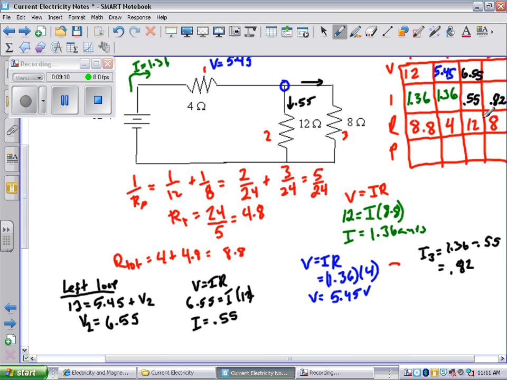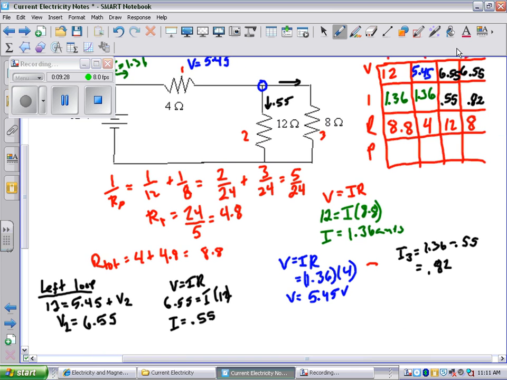Now if I do 8 times 0.82 to get the voltage up here, because V equals I times R, I will get a value of 6.55, or close to it. There are differences in rounding here, but it matches this voltage over here.